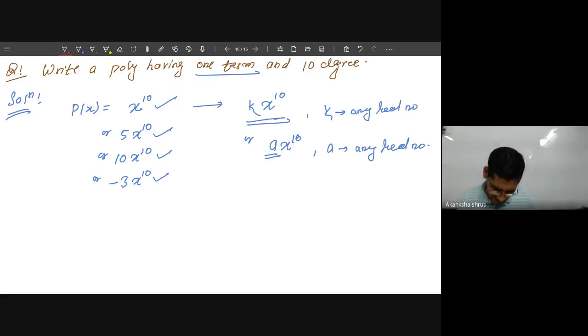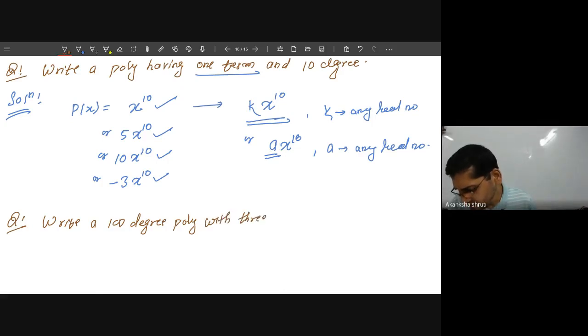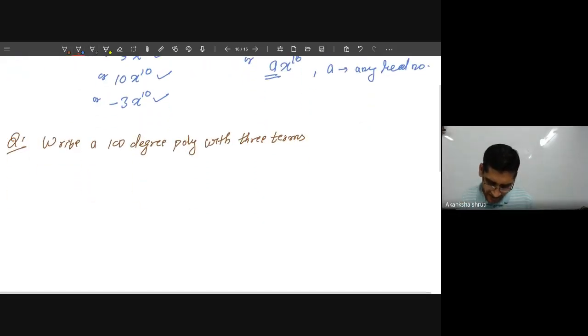The question may be asked like this: write a 100-degree polynomial with 3 terms. Student, here the degree is 100. This is important.